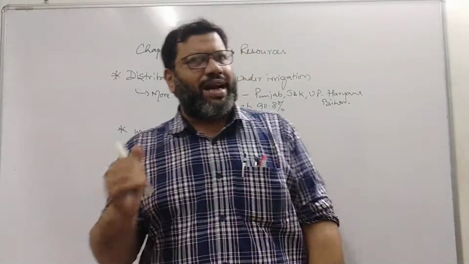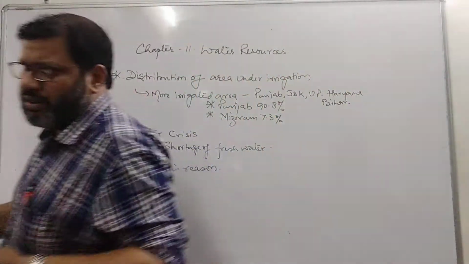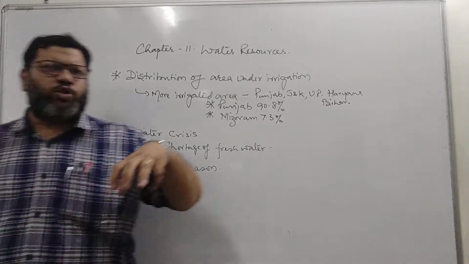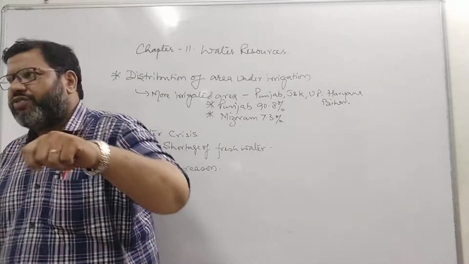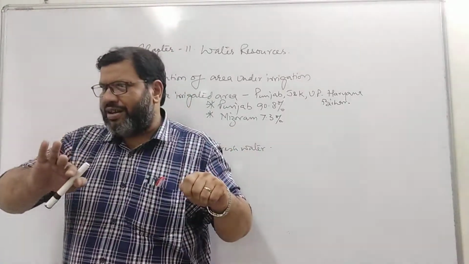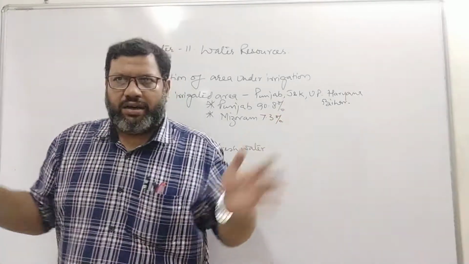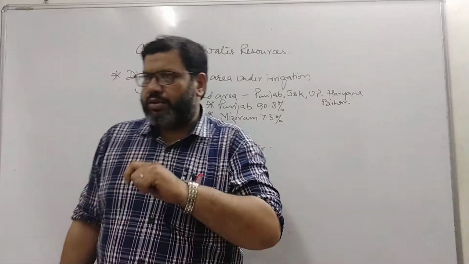When I talk about net sown area, it means we have got a big patch of land from the whole of India, but certain areas are where irrigation or rain is available and we are growing certain things. Certain areas are left as such. It is just fallow land, a land on which agriculture is not carried out.